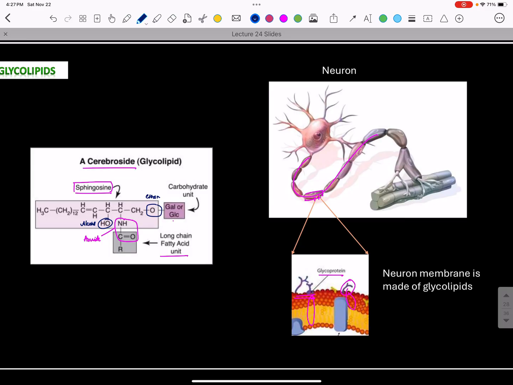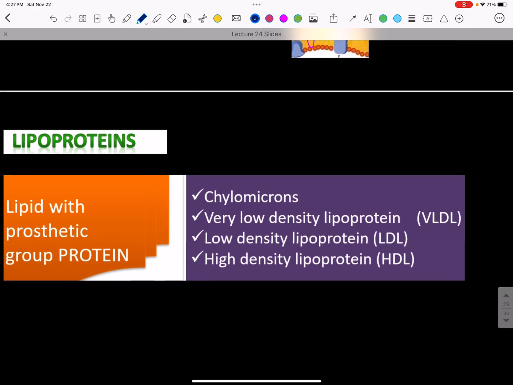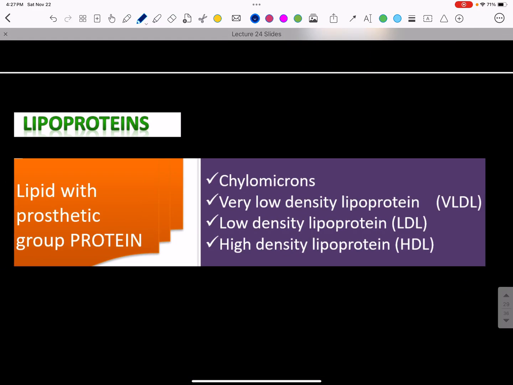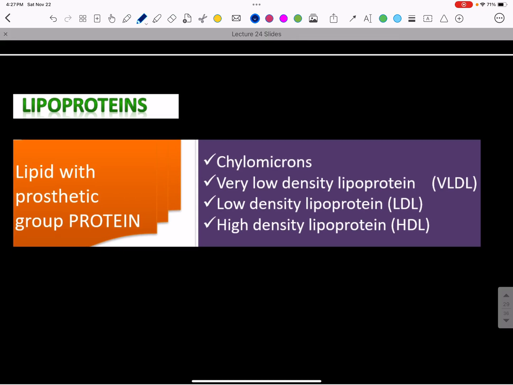Now, finally, we have these lipoproteins. In the lipoproteins, the prosthetic group, or the additional group, is the protein here. These lipoproteins are extremely important because, one, they're useful in digestion. During digestion, the fats, the lipids, are going to be absorbed as chylomicrons, and that is because of the formation of these lipoproteins.